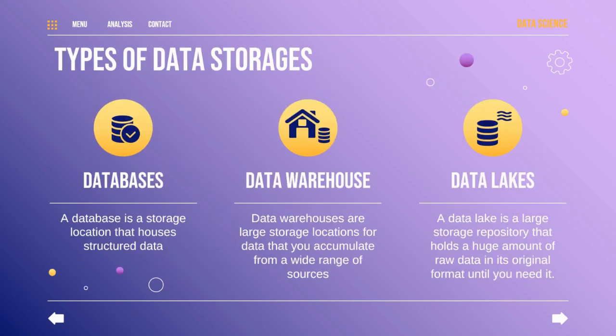Let's go to the next slide. These are the types of data storages I have been explaining to you. The first data storage is the database. A database stores structured format data. What is meant by structured format data? For example, there are numerous types of data like image data, voice data, text data, audio data, video data.